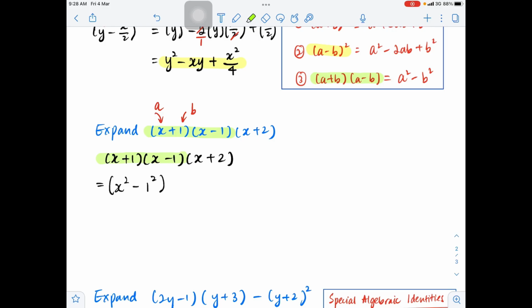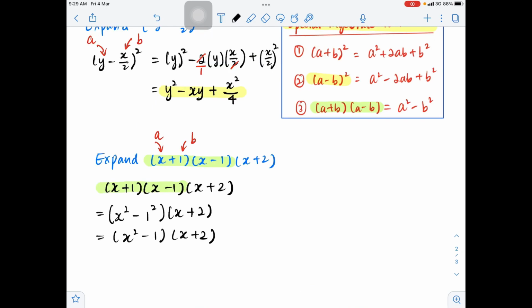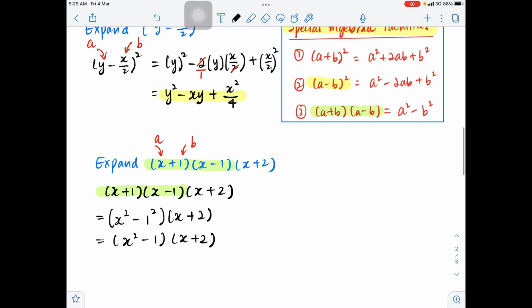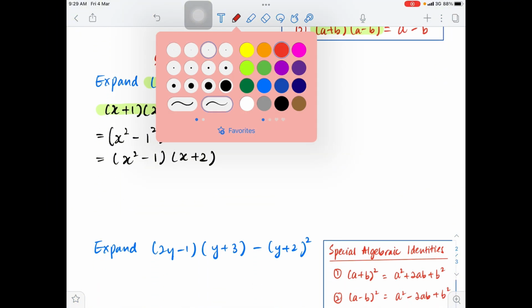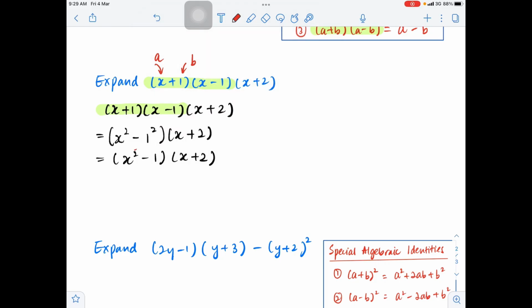So what do we do with x plus 2? Let's just copy it down first. And here we can see that we have (x squared minus 1) times (x plus 2). Observe that it is not like any of the special algebraic identities. So what can we do to expand? Let's go back and use what we have already learned, which is the distributive law, to help us expand this.